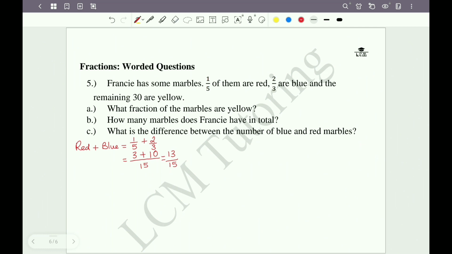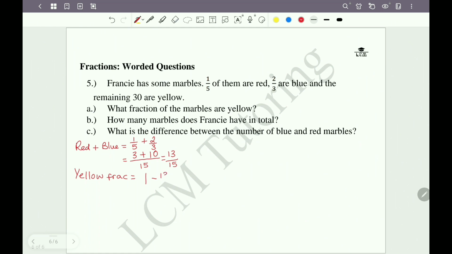Now, to find the fraction of yellow marbles, we know that Francie only has red, blue, and yellow. So to find the fraction of yellow, we can now take away the fraction of red plus blue from the whole. The whole in terms of fractions, as previously discussed, is 1.